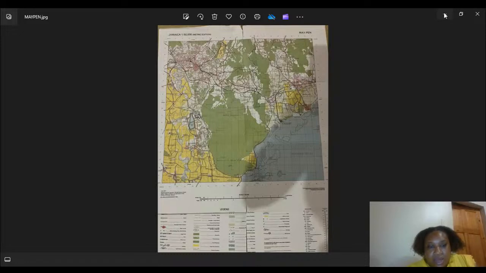We can look at 2019, which is the map of Pinal, Trinidad. So let me change this map.